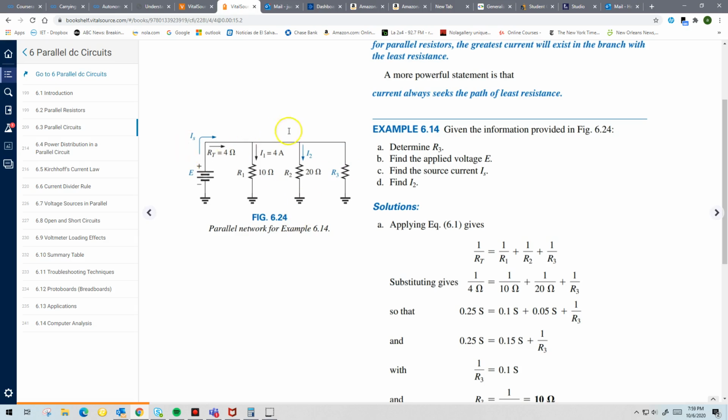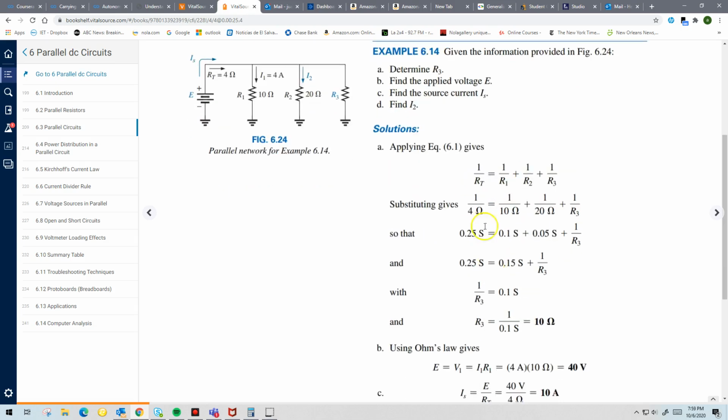So to find R3, we're going to use the total resistance equation. By the way, you can use the shorthand way, but let's follow the way they do it in this example.